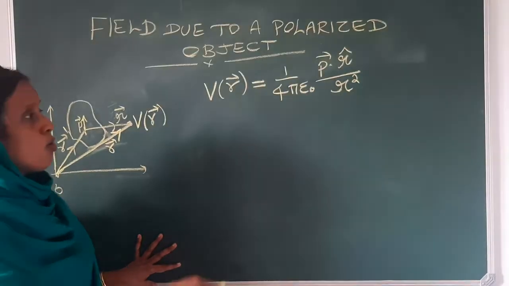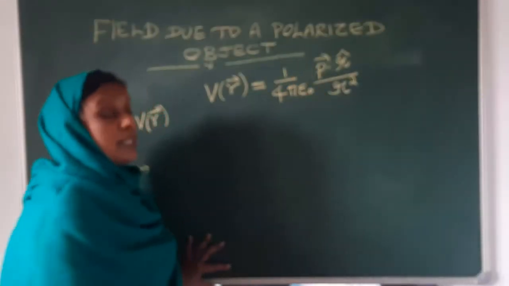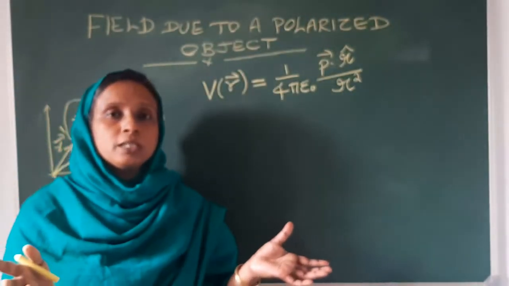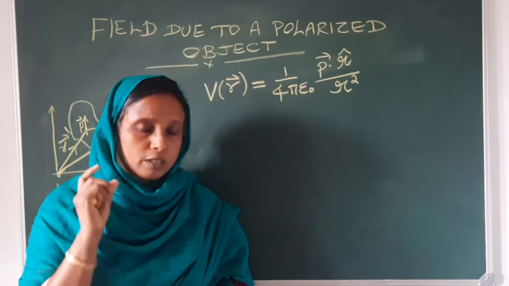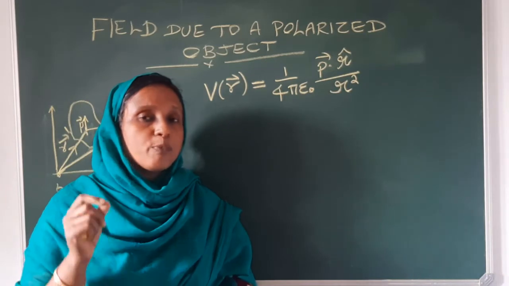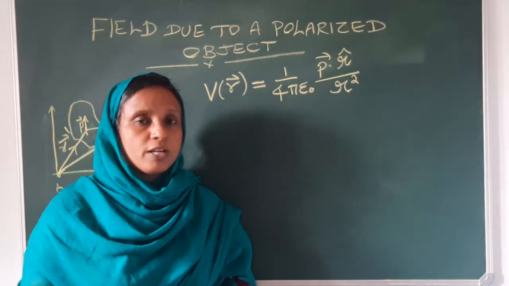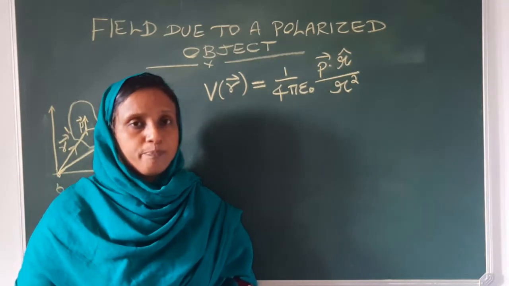Now we want to express this in terms of polarization, because for a large object the polarization is measured using the parameter polarization. This is defined as dipole moment per unit volume. Polarization is defined as the dipole moment per unit volume.